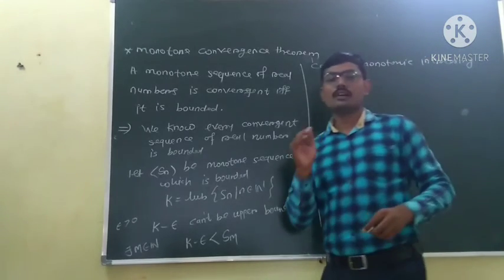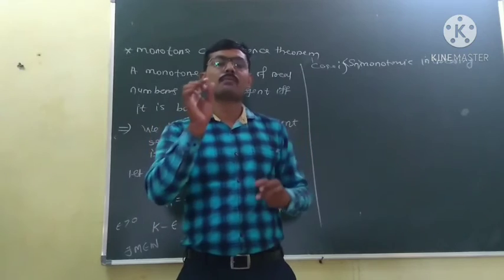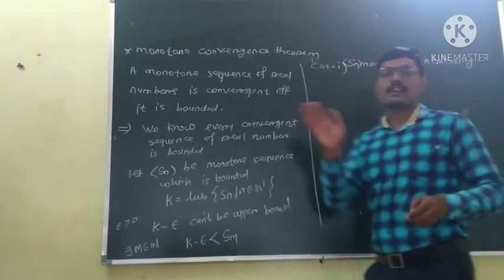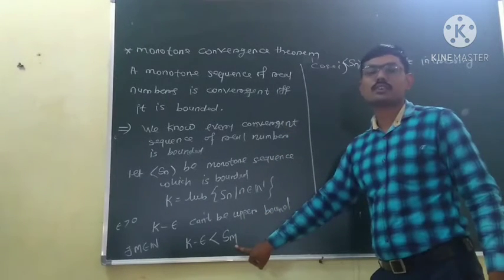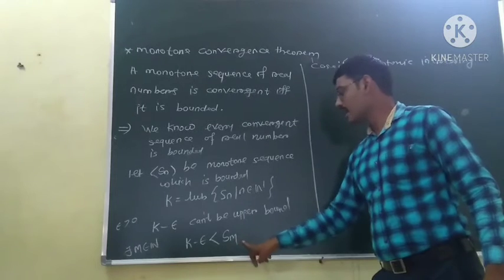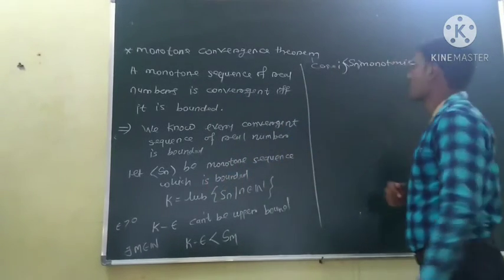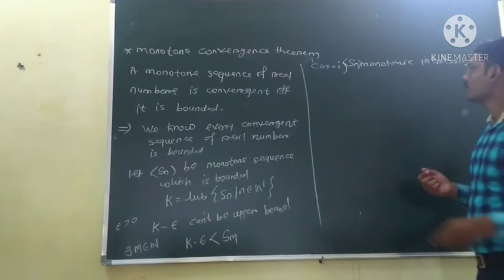A monotonic increasing sequence is nothing but one where the next term of the sequence is greater than its previous term, and this happens for every term. That is, Sn is less than Sn plus 1. Now Sm is one of the elements of this sequence. So if we take a natural number greater than m, we will get a higher term of the sequence.